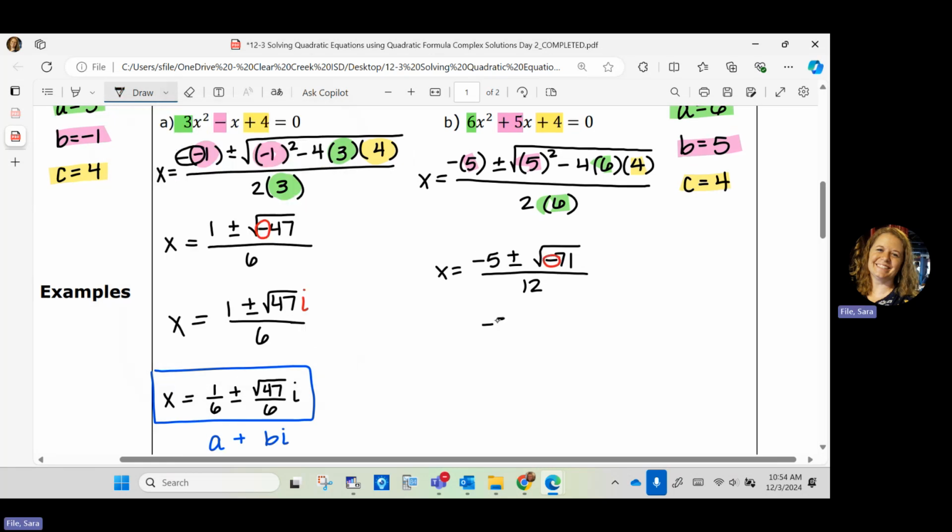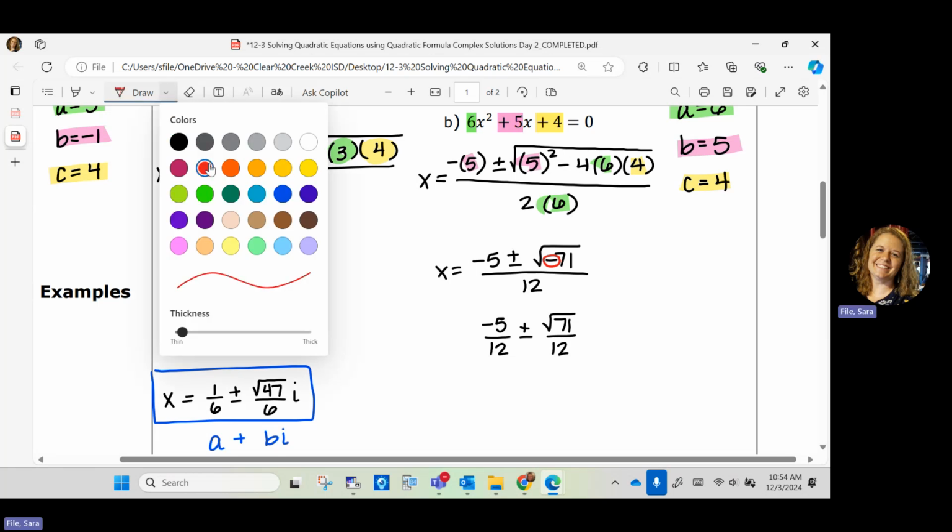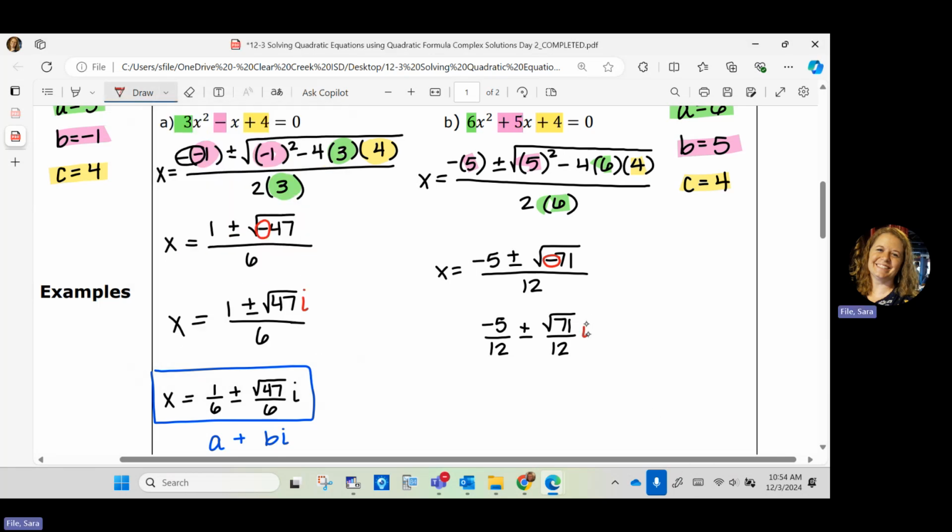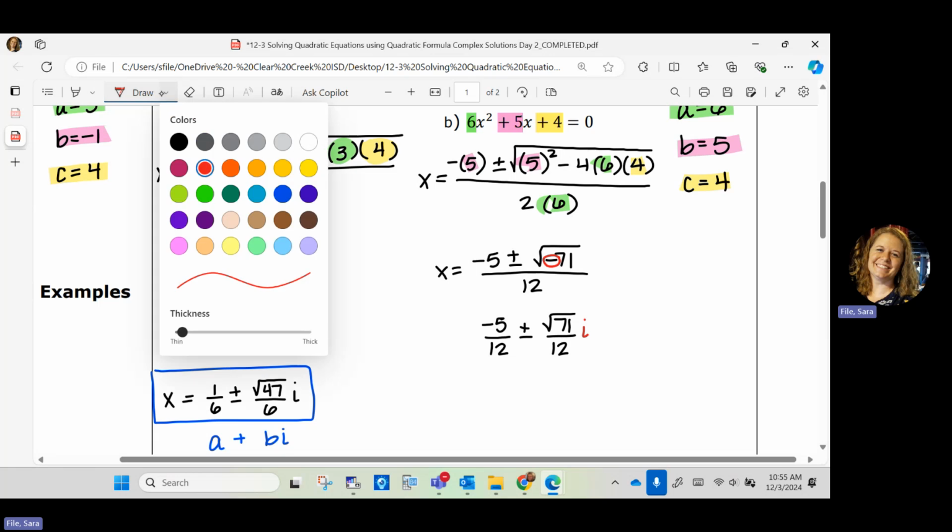All right, so we've got negative 5 over 12. Now I'm separating and simplifying in one step here. Square root of 71 over 12. And then what am I missing? The I. That negative came out as an I. Okay, and I separated the A plus BI form.